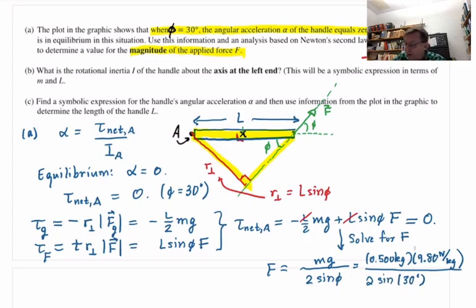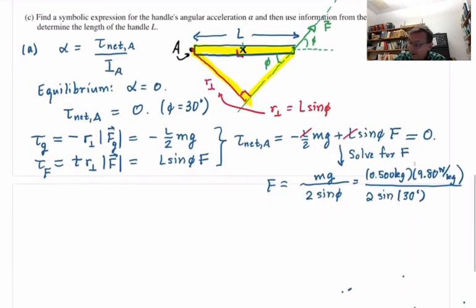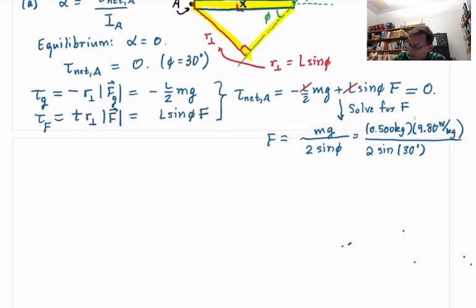That's the only value of phi that's acceptable if you're going to have an alpha equal to 0. And so when I plug that into my calculator, I get F equals 4.9 newtons, half of 9.8 in fact. That's the magnitude of that applied force, no matter what angle phi it's at.